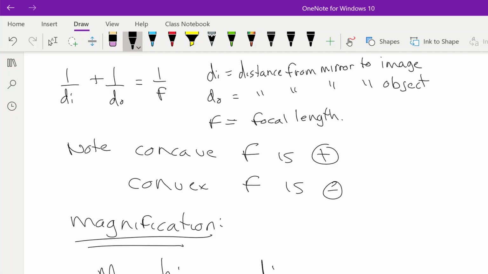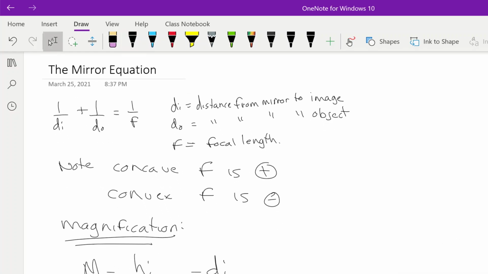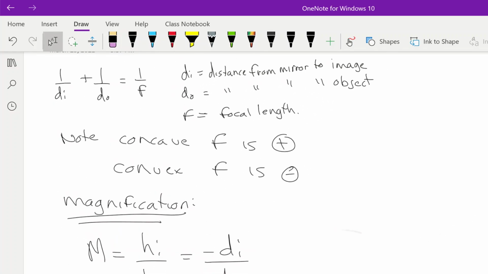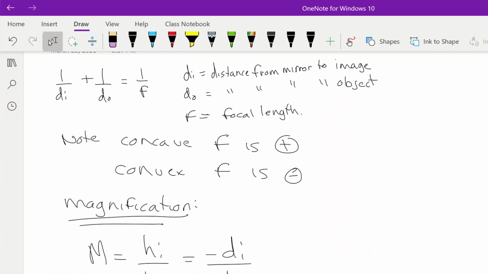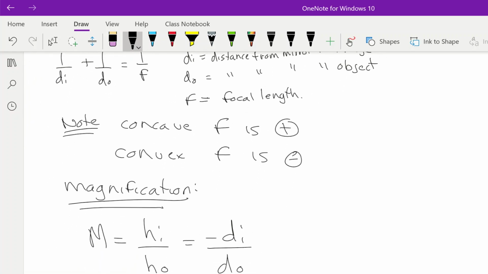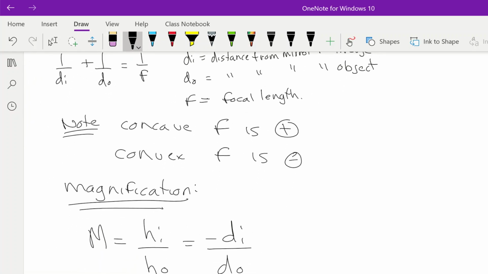By the way, we can make several conclusions from this, or several additional notes. So I'm just going to put here underneath, note. If di is greater than 0, it's therefore a real and inverted image.